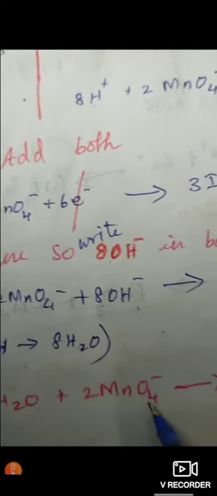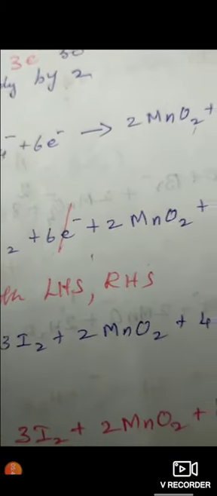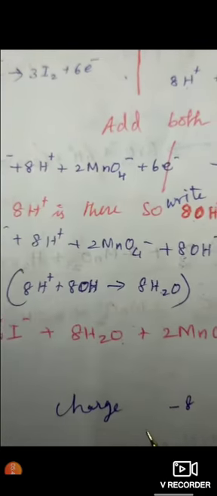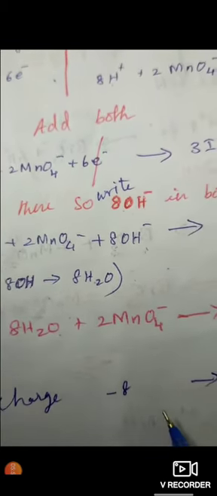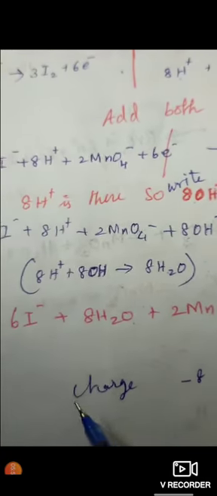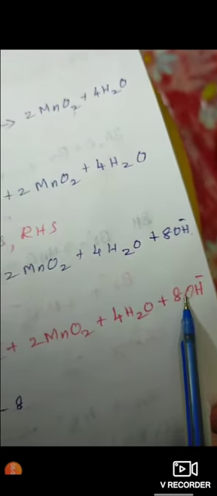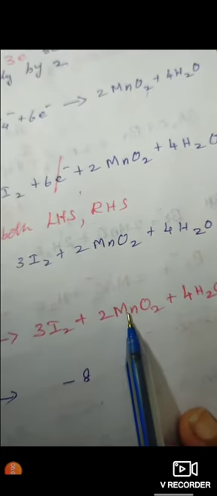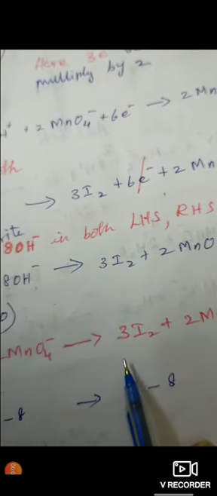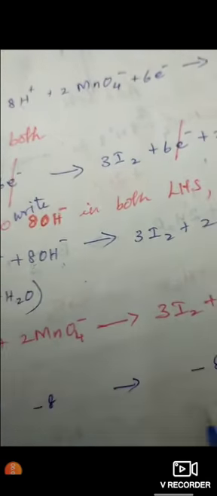So 8 water molecules, 2 MnO4 minus, 3I2, 2 MnO2 plus 4 H2O. Charge is minus 8. Whether it is balanced or not, you can check, it is balanced. Here the charge is minus 8.